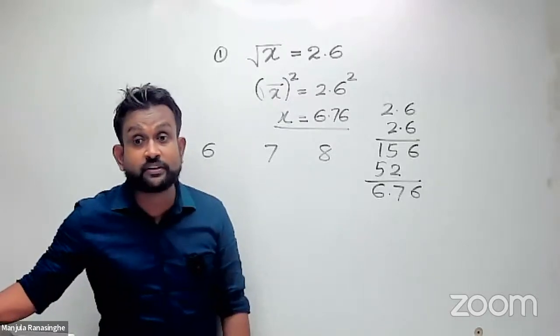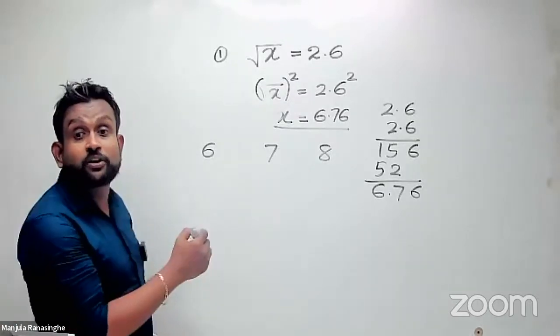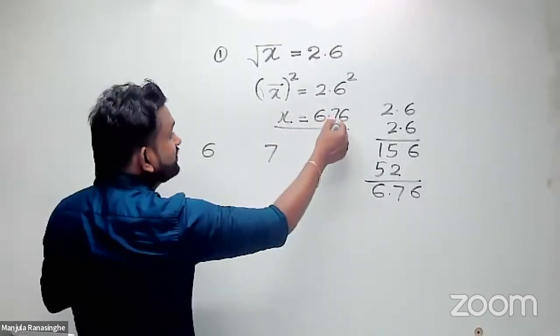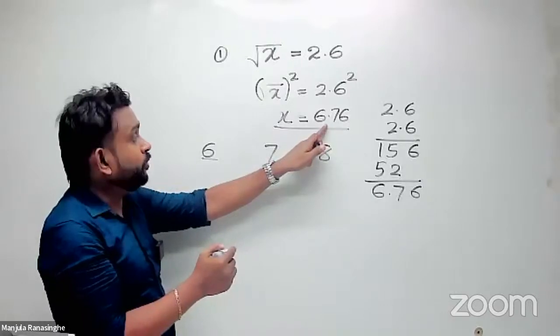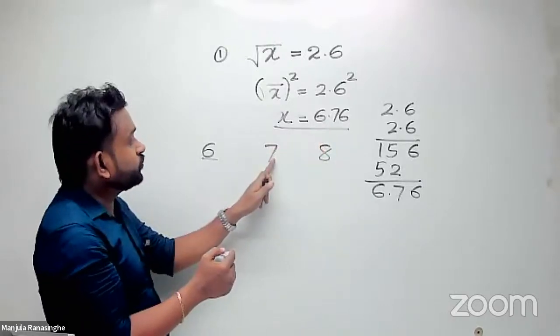So the answers given are 6, 7, 8. For which one is it closer? 6.76 is 0.76 more than 6, but for 7, it is only 0.24 less. So the gap is larger for 6 and smaller for 7.